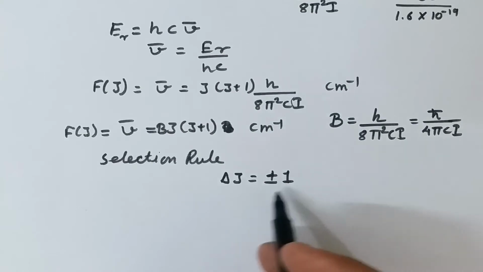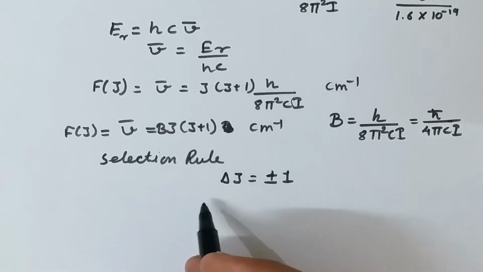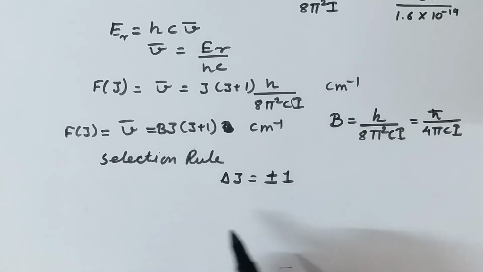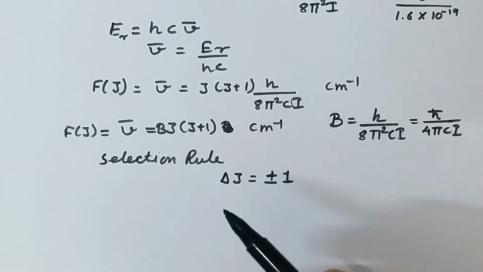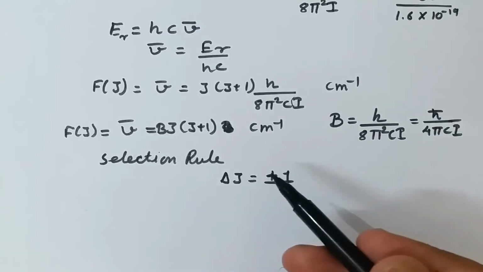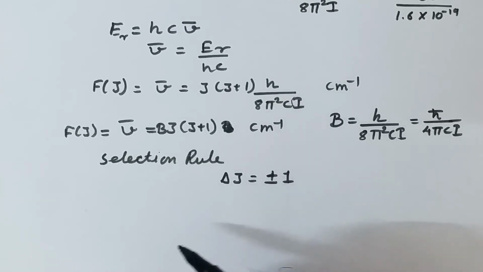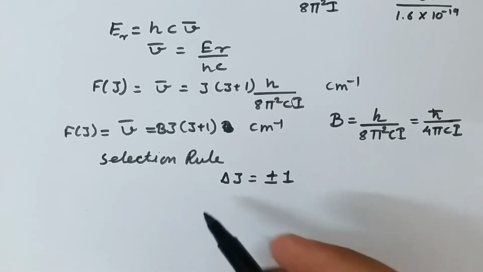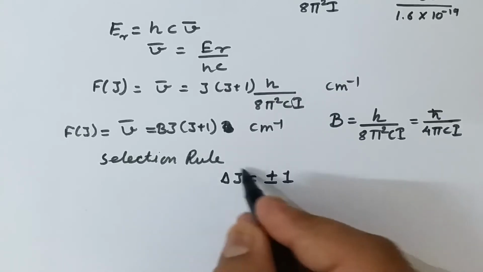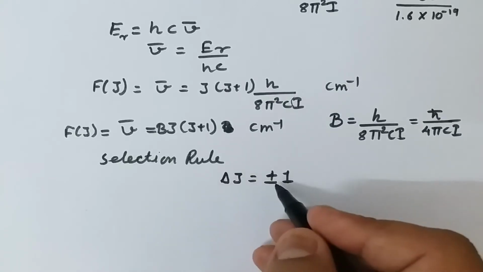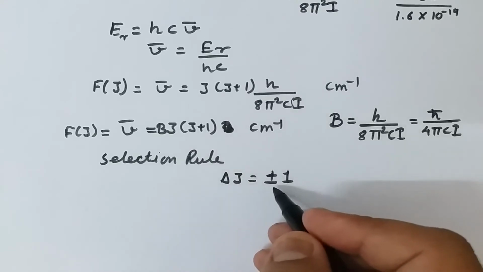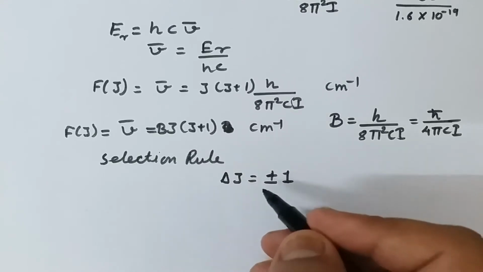With the help of selection rule we can identify which particular transition is forbidden and which transition is allowed. So for rotational transition, the change in the value of J by plus or minus 1 is allowed and all others are forbidden.